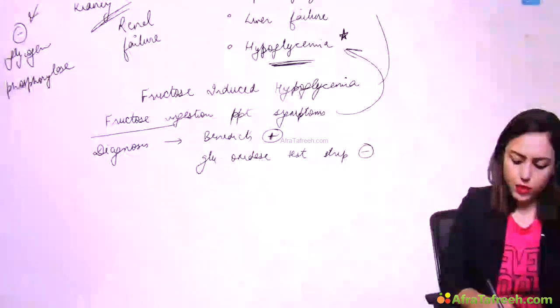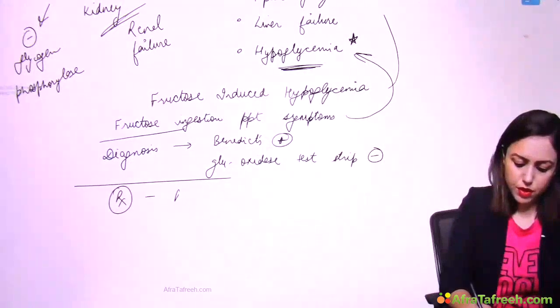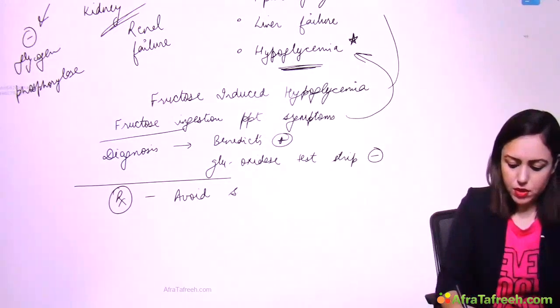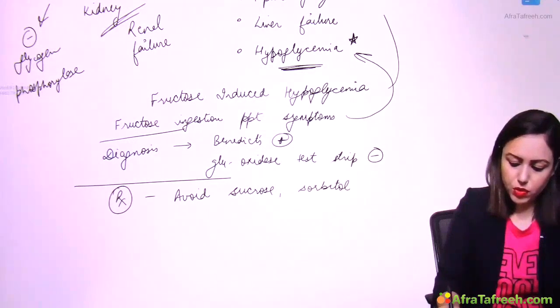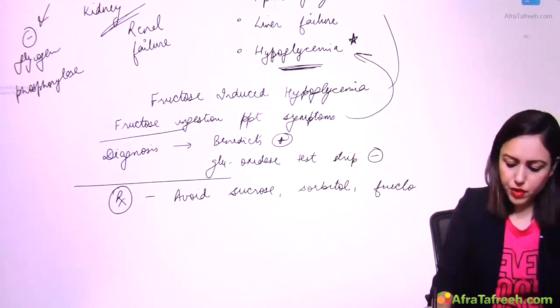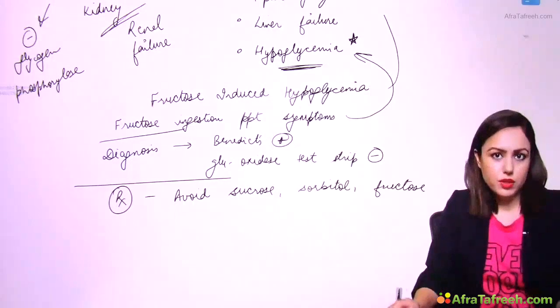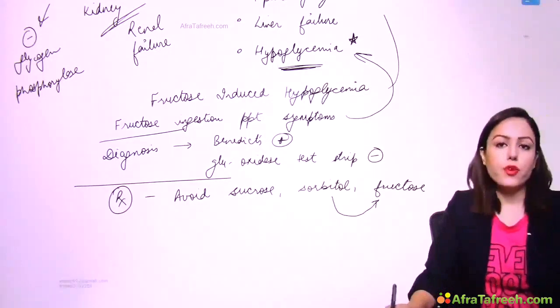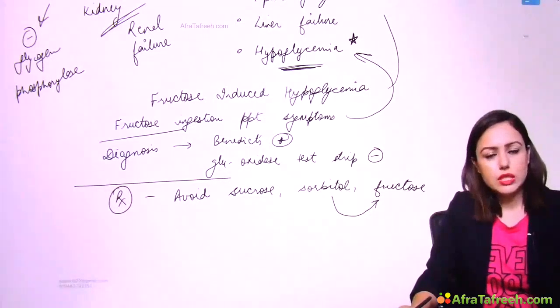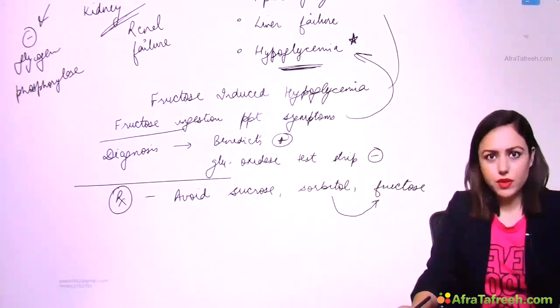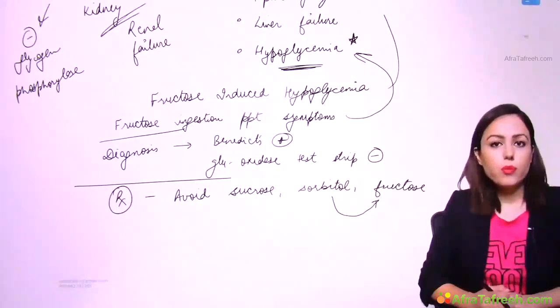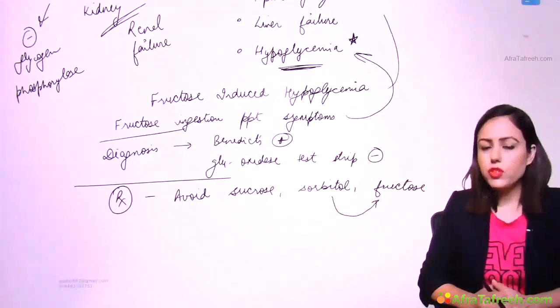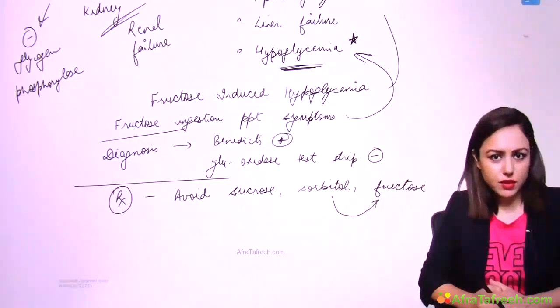And in treatment, avoid sucrose, sorbitol and fructose containing food substances. Why sorbitol? Because sorbitol can be converted to fructose. You can see this detail in the sorbitol pathway. So only these two enzymes are important in fructose metabolism, for which we have seen the deficiency diseases, right?